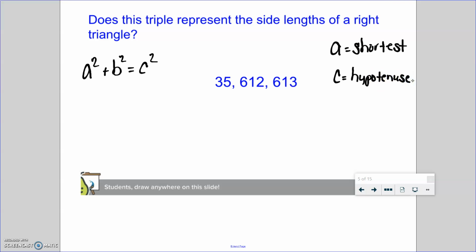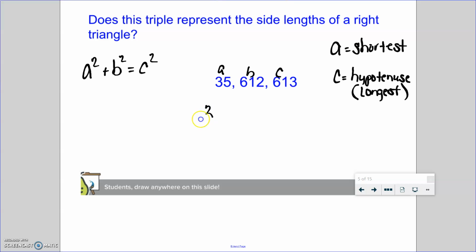And our hypotenuse is the longest side. So we have 35, 612, and 613. So essentially, this will be A, B, and C. We're going to substitute these values in to see if it makes a Pythagorean triple or not.